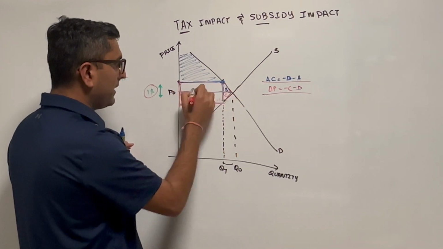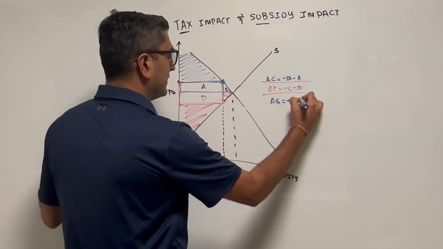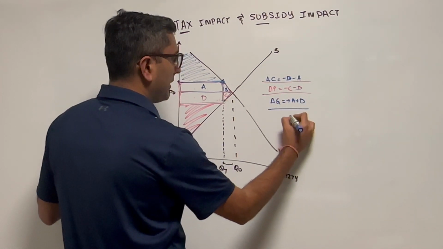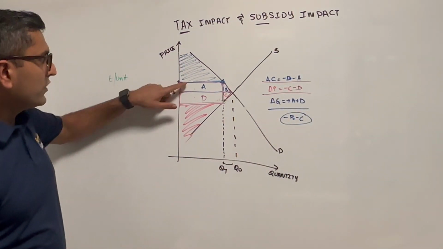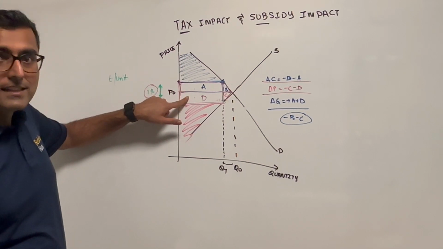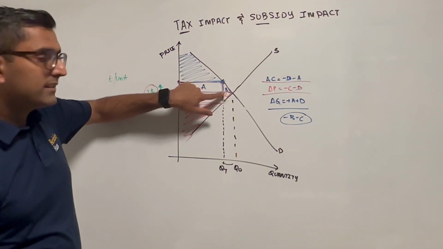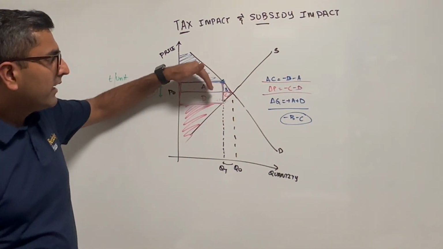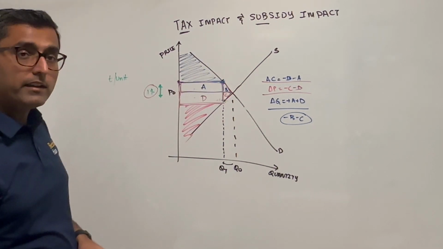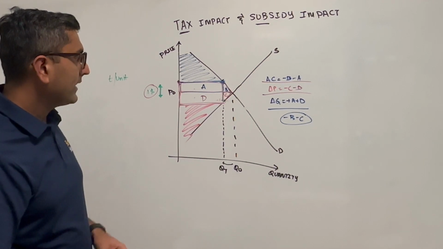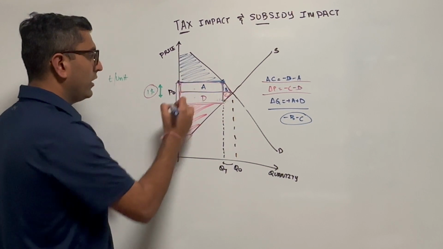So the government makes A and D, so the government would be plus A and plus D. So the net deadweight loss is minus B and minus C. This cancels out: consumers lost A to the government, producers lost D to the government, and the country overall for this industry lost B and C, meaning they're just producing less where there was a demand, but those people are no longer going to buy that quantity, because it's not available at that price, which was lower. Now the price has gone up. So this $1 tax has this impact.